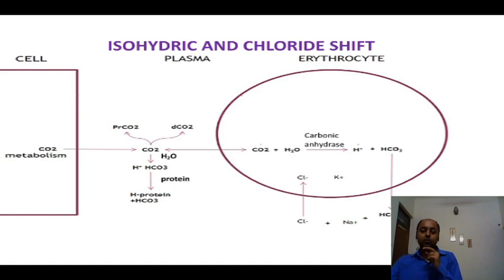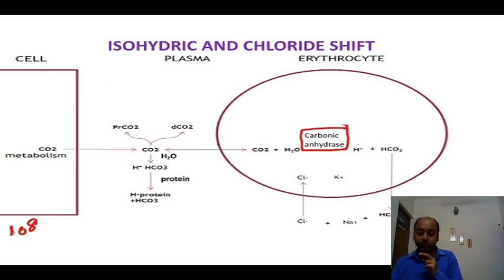Inside the RBCs, it will combine with H2O in the presence of the enzyme carbonic anhydrase. Carbonic anhydrase speeds up the reaction by a factor of 10 to the power 8. It is the most efficient known catalyst.